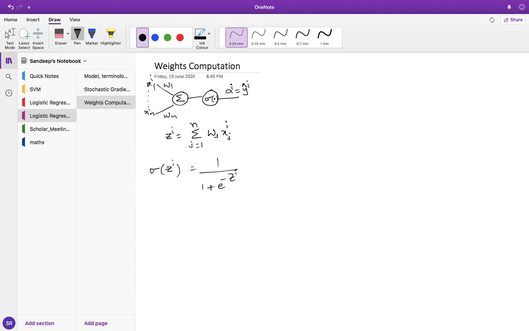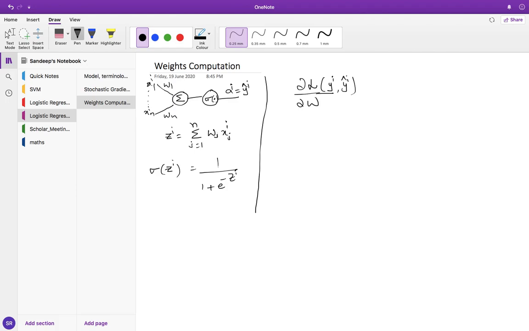So as I have said in the SGD, our goal is to compute dou L by dou W, where L is the loss function, which is a function of yi and yi cap.